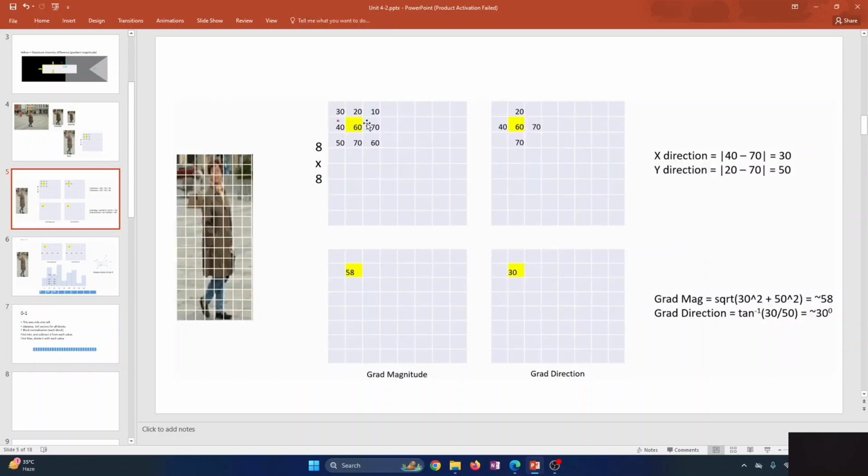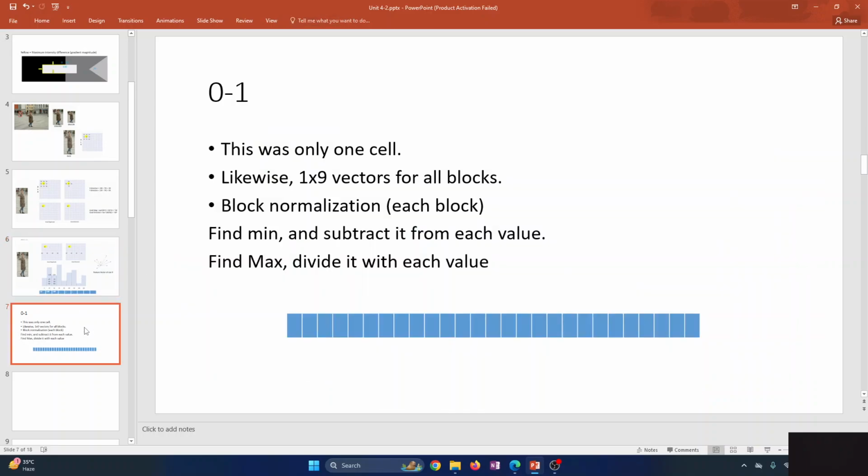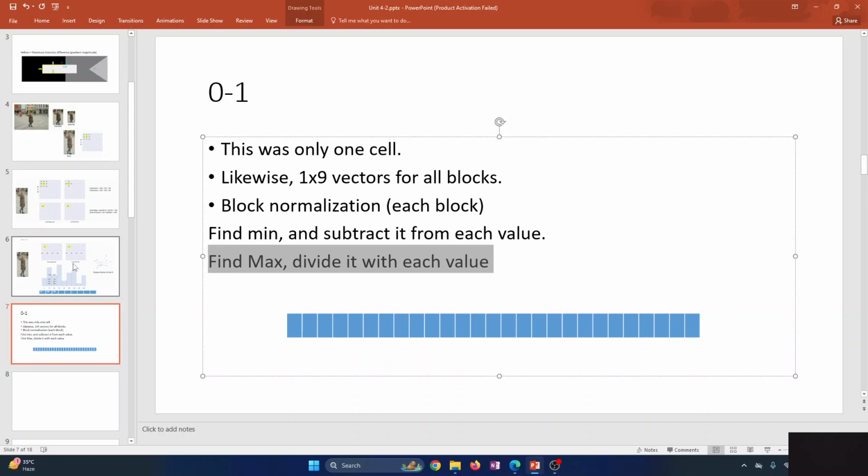For example, if 10 is your minimum, you subtract 10 from 135, from 105 and all these values. The second step is to find the maximum value and divide each value by it.